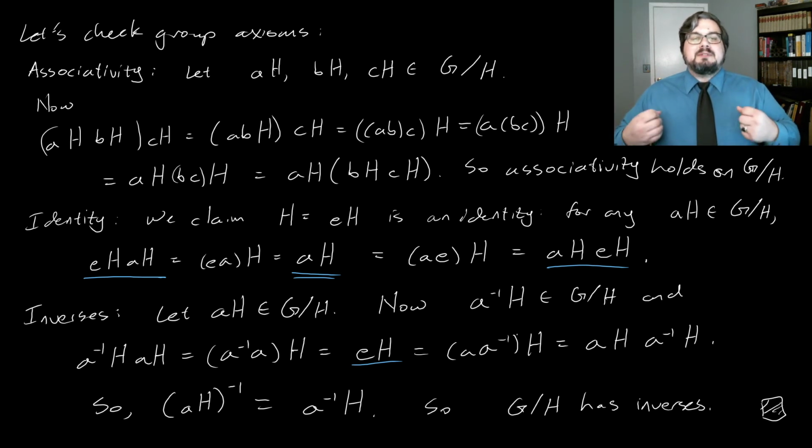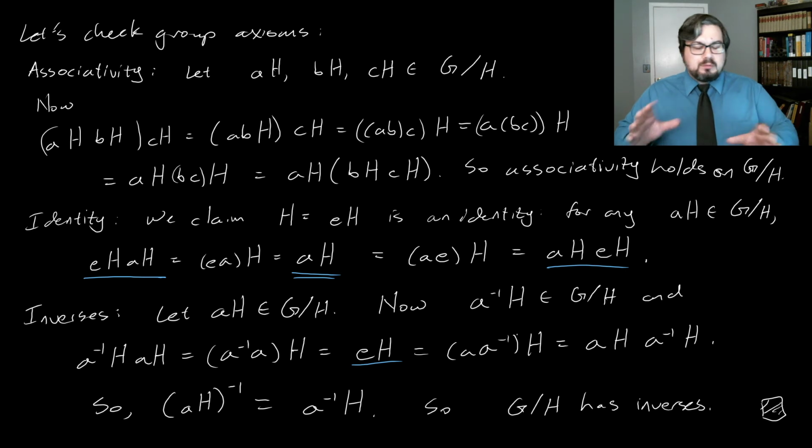What the factor group does is it identifies elements together that were distinct in the original group G. In the original group G, two elements might be distinct, but considered to be the same in the factor group because they belong to the same coset of H.